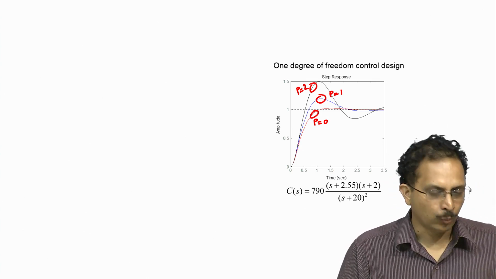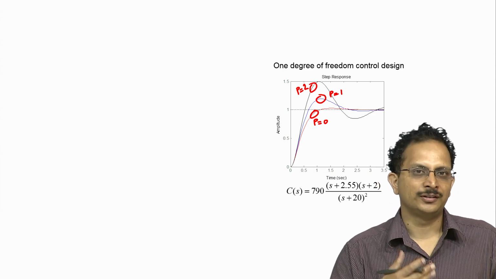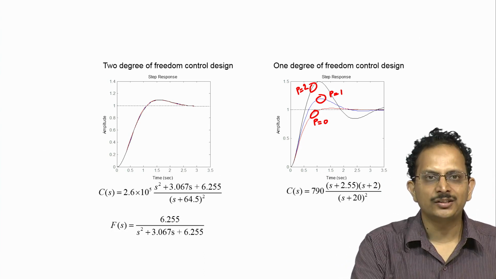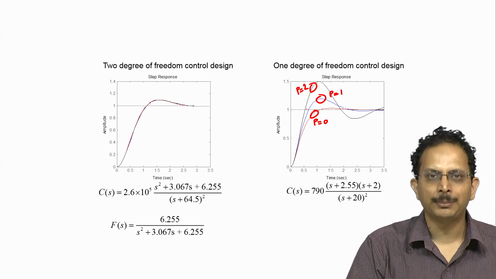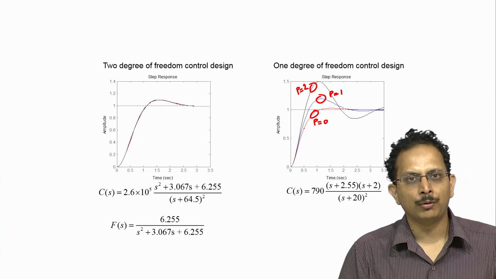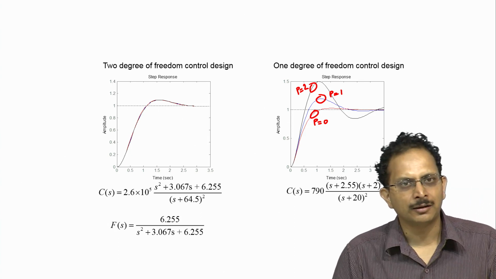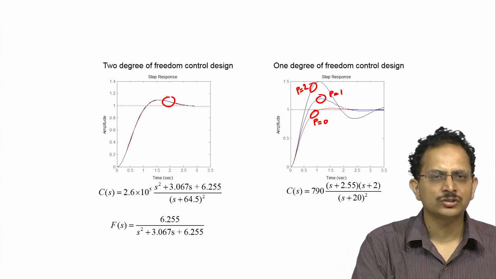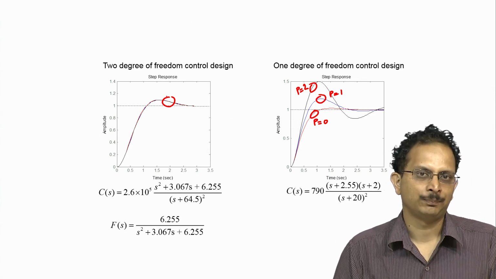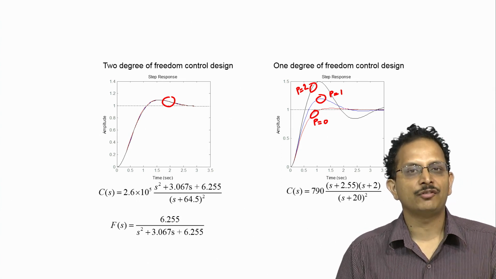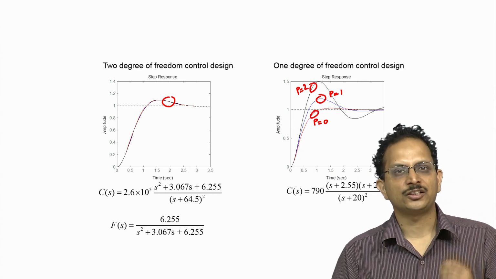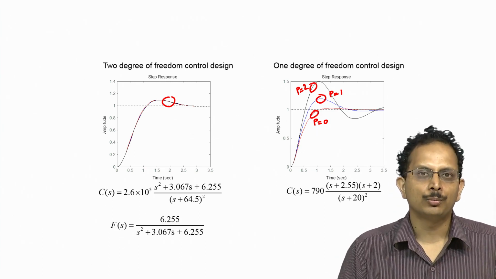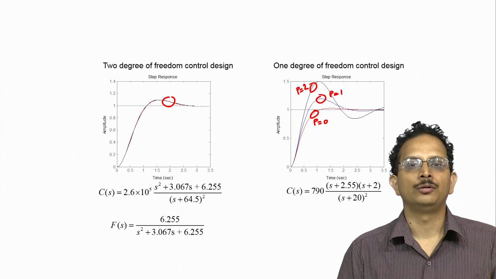On the other hand, when one plots the step responses of the 2 degree of freedom control system, one sees that all these three curves, the nominal curve which is indicated by blue, the curve when the plant pole is located at s is equal to 0, and the black curve where the plant pole is located at s is equal to -2, all of them sit almost nearly one on top of another, and this is because the 2 degree of freedom control system has successfully restricted the variation in the closed loop pole PCL naught to less than or equal to 0.04 units when the plant's pole varies.